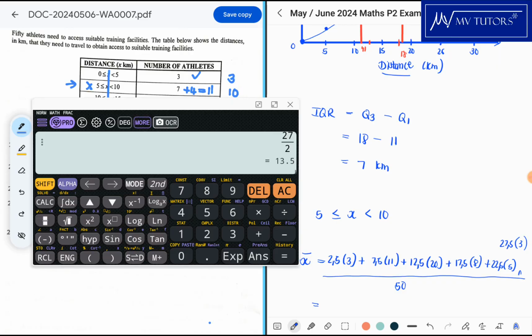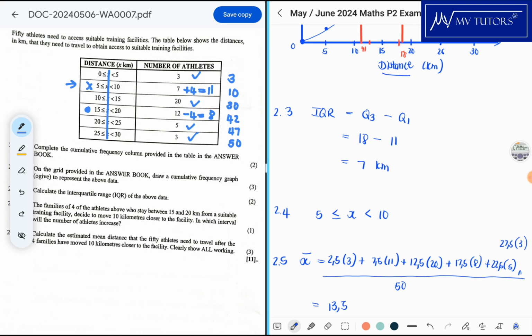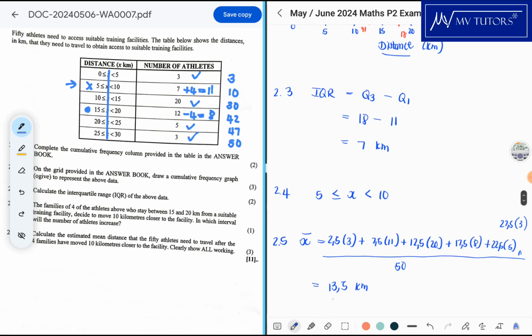So as the answer at the end, we have 13.5. Okay, and that is kilometers because that is the estimated mean distance. All right, I hope that is clear, and that is it for question number 2.